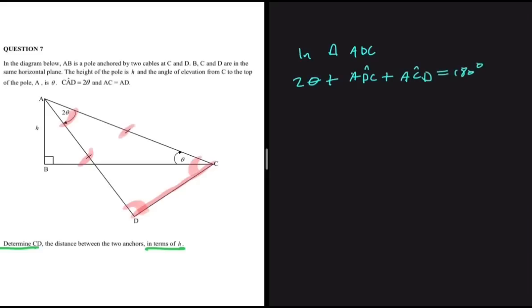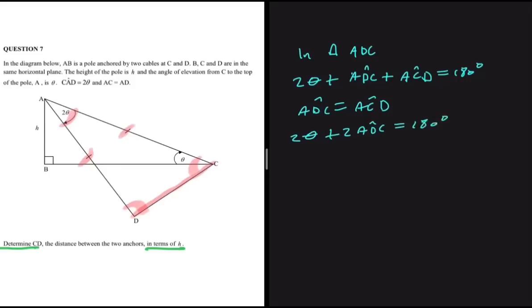But then because ADC and ACD are equal to each other, we can just say that ADC is equal to ACD. The two angles will be equal to each other since the lines are equal to each other. So now we're going to have 2 theta plus 2 ADC being equal to 180 degrees.